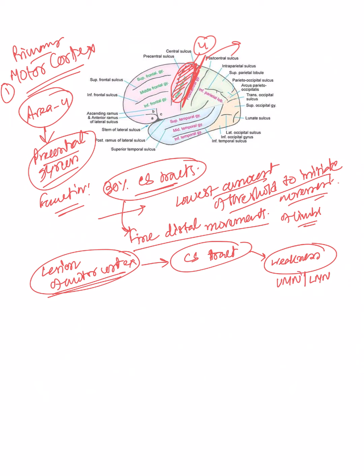Yes, it is UMN type, not LMN, because LMN type weakness starts from anterior horn cell. So lesion on motor cortex will obviously affect corticospinal tract, which will cause UMN type of weakness.